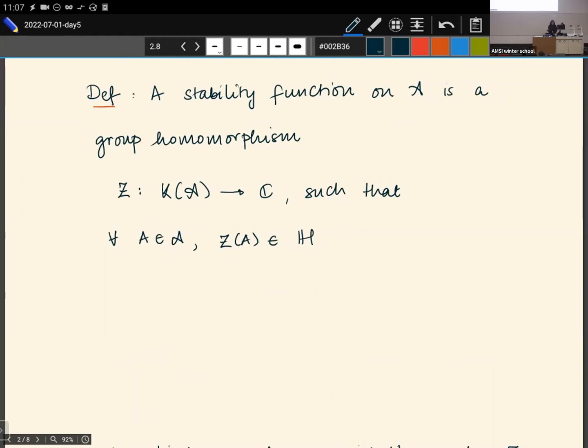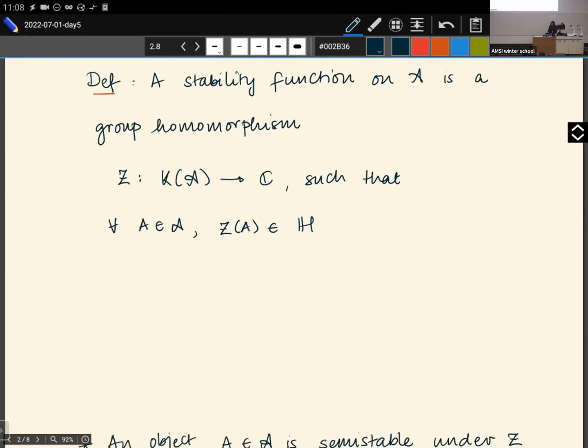Okay, but it has to be a group homomorphism. So C is an additive group and K of A is an additive group. And so this map, which is traditionally denoted Z, needs to satisfy whatever relations are true in the Grothendieck group. Okay, so if you have three things that fit into a short exact sequence, then the extreme terms have to add up to the middle term.